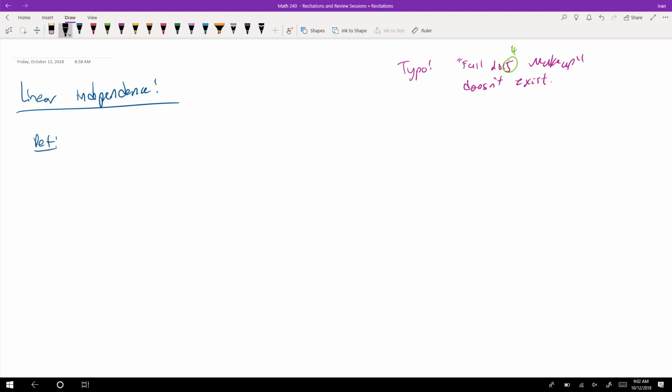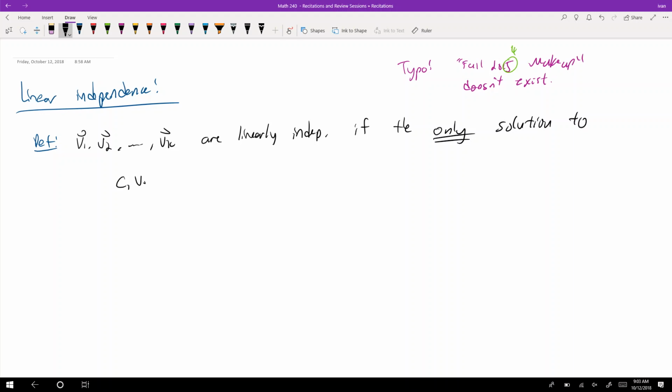The definition of linear independence is that your vectors v1, v2, all the way through vk are linearly independent if the only solution to C1v1 plus C2v2 plus ... plus CKvk equals the 0 vector is C1 equals C2 equals ... equals CK equals 0.